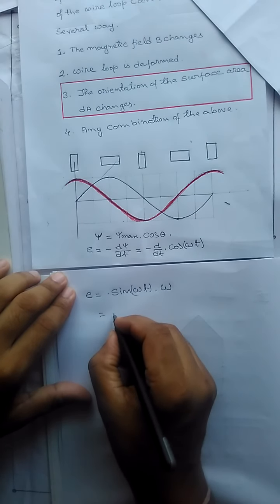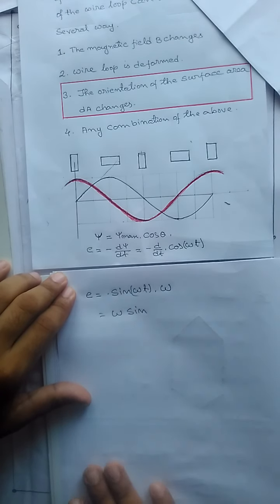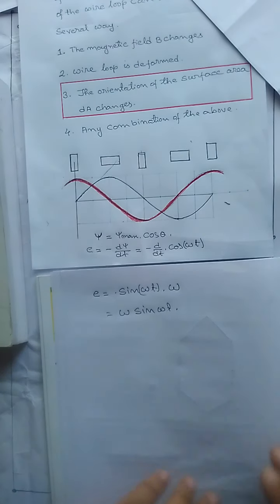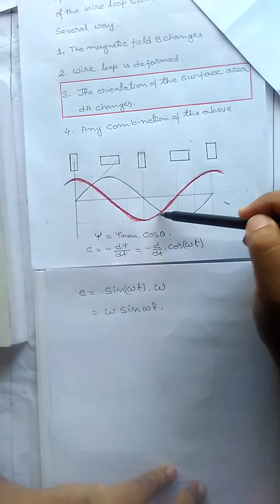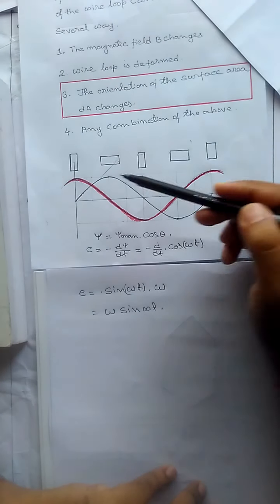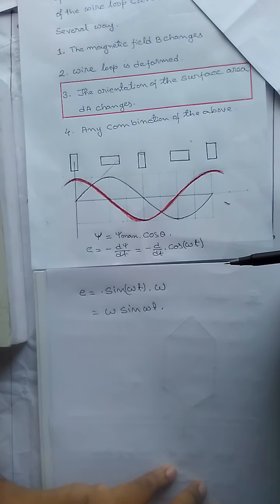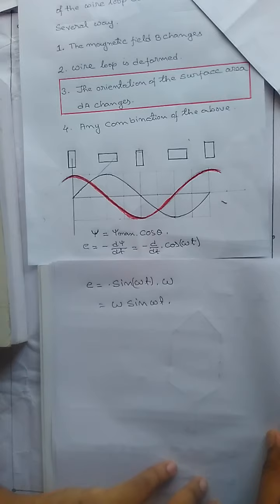So we can write it as omega sine omega t. So if I have a cosinusoidal function as a flux linkage, my induced EMF will be a sinusoidal function like this. So this will be a very useful relation that we will use throughout our study.